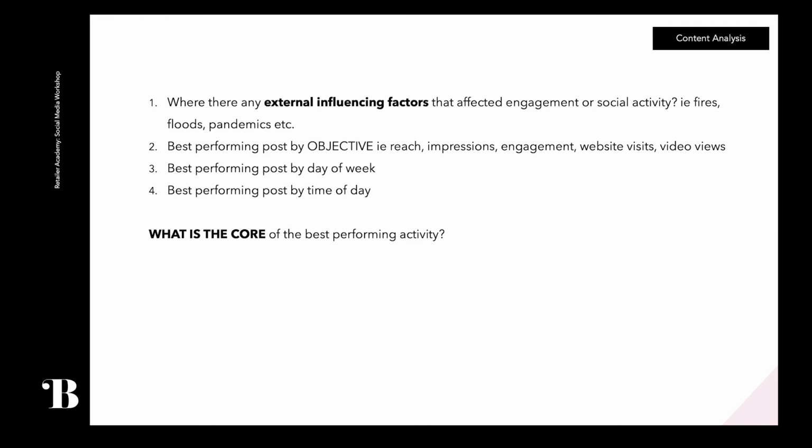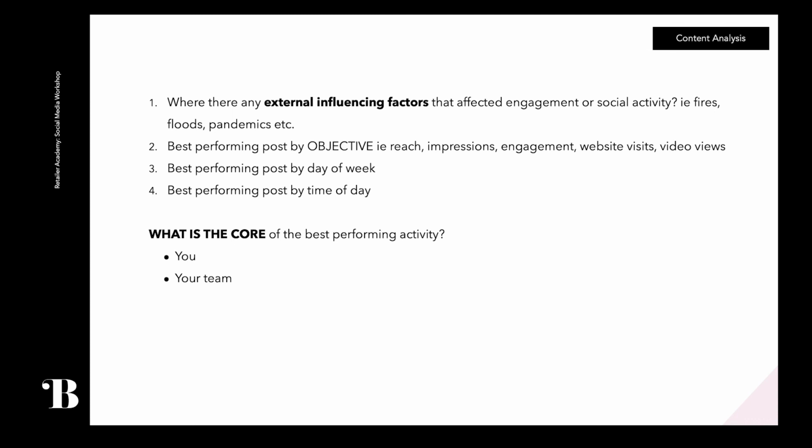So what's the core of the best performing activity? Is it the fact that it included you as a business owner perhaps? Or was it because it was your team? Now, I find when I'm posting for my agency, when I post myself or my team, they are by far the greatest posts of engagement that I could ask for.